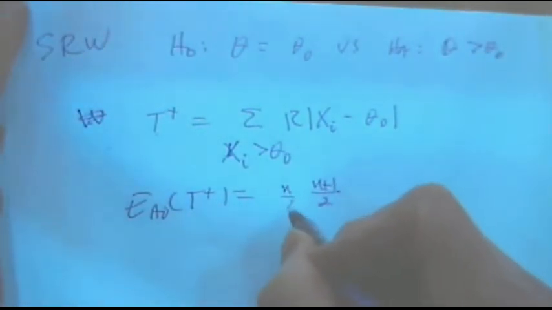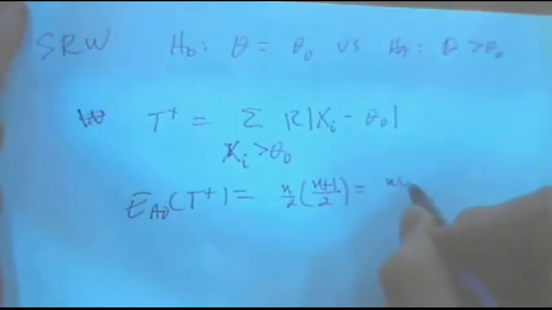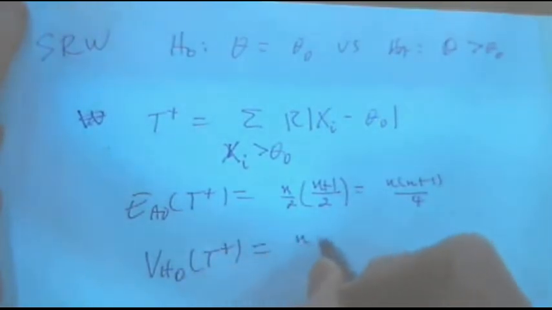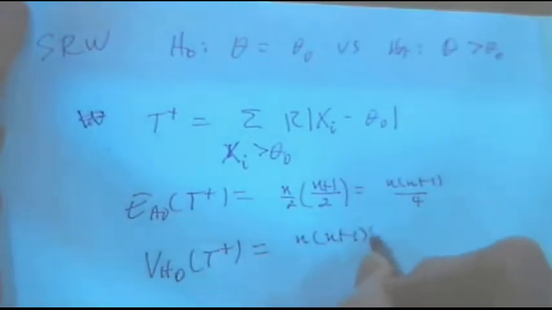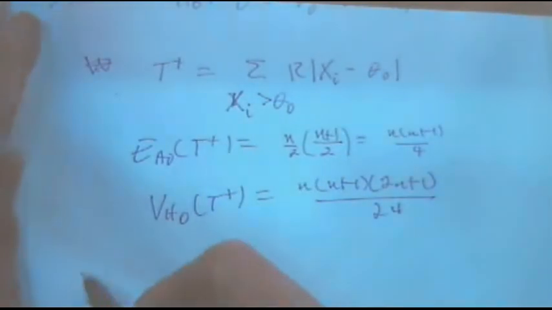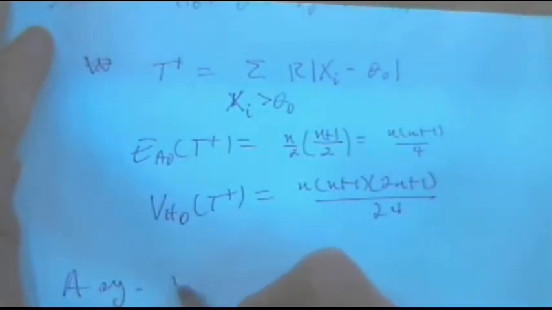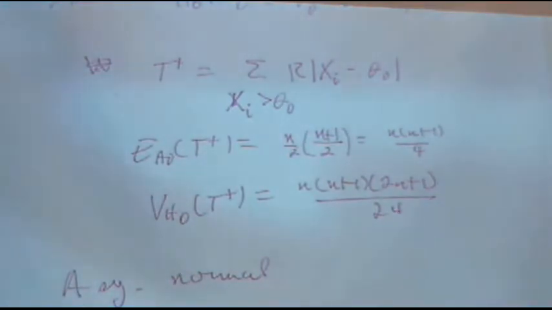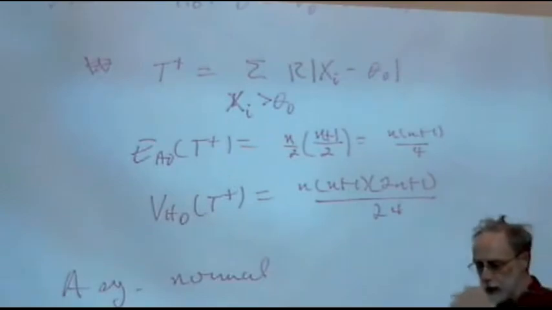You expect half of them to be positive. Okay, then it's asymptotic. Now, if you have a lot of ties, then you should adjust the variance.